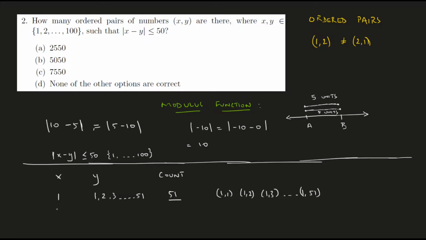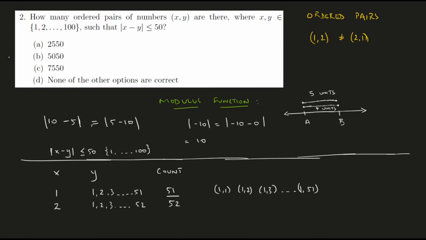Now if I take x to be 2, I again need to find numbers such that the modulus of x minus y is less than or equal to 50. So I can take y to be 1, 2, 3 and up till 52. This time I would have 52 pairs.